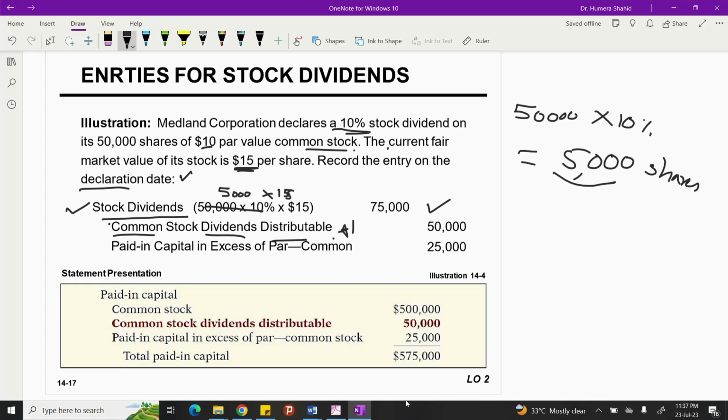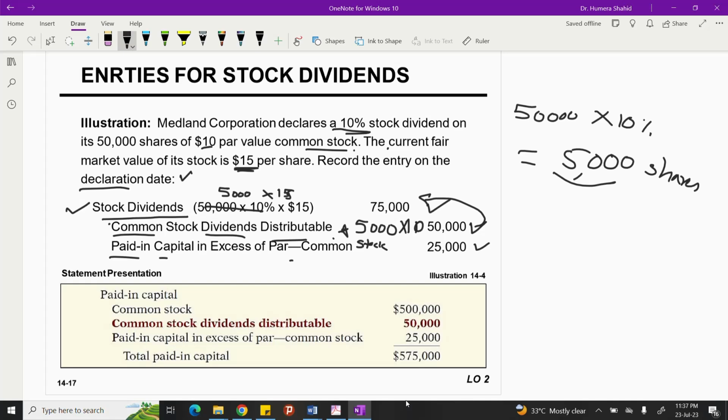So how many new shares? 5,000 new shares. What is the par value? Par value is 10. So 50,000 common stock dividend distributable. If for 50,000 you are issuing 75,000 of stock dividend, what is remaining? The remainder is paid in capital in excess of par, common stock.